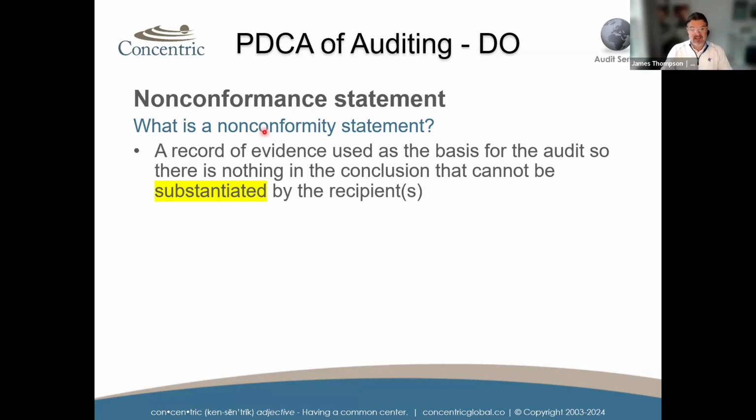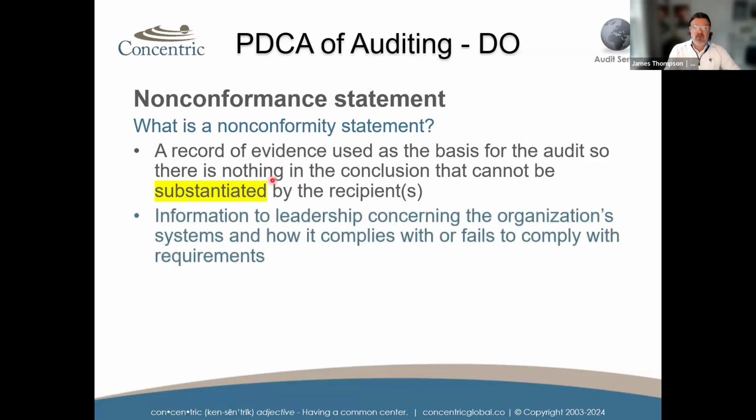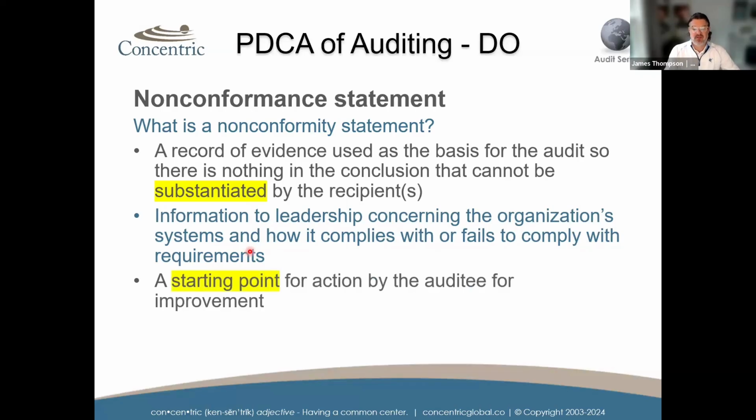They can take that statement and see for themselves that that statement is true. Information to leadership concerning the organization's systems and how it complies with or fails to comply with requirements. It's a starting point ultimately for the action by the auditee for improvement.